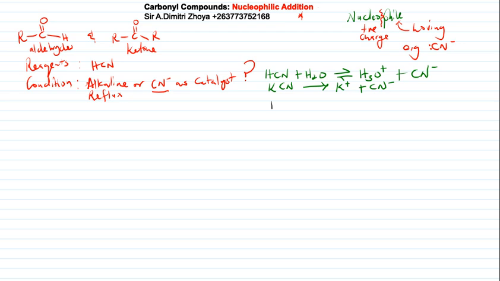So let's say we have the reaction hydrogen cyanide plus H2O. By adding an alkali, sodium hydroxide provides hydroxide ions, which react with hydroxonium ions, or H plus ions.